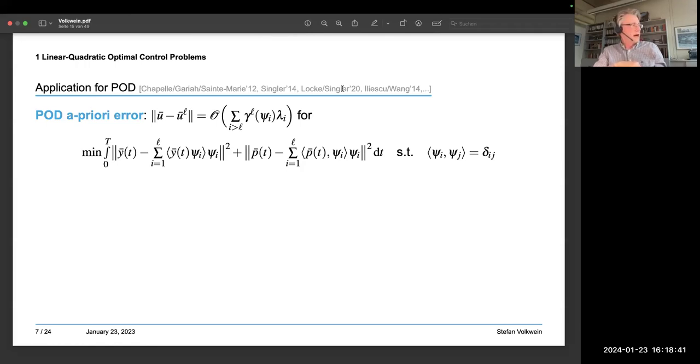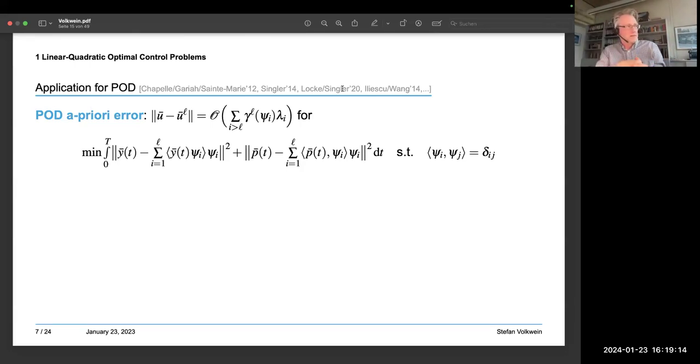So if your snapshots are bad or not well chosen, then you cannot expect a basis which is a good approximation. From functional analysis we know that in the end it spans the whole space, but we from the reduced order community do not want that only in the limit. We want a good approximation with a very small number of basis functions to get the speed up we want.